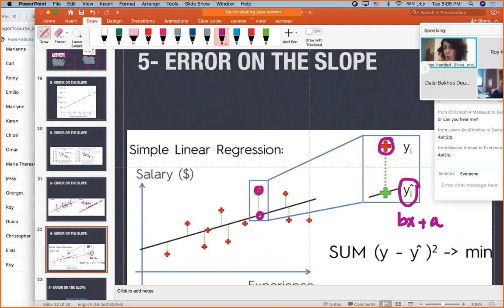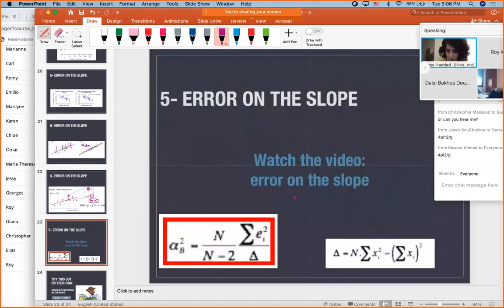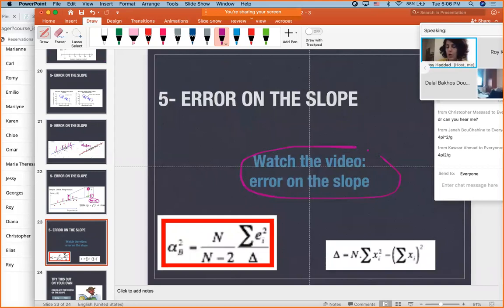You take the ordinate of the point and the equation of the line, with the y-intercept and the slope, and you subtract. You find the deviation for each measurement, square each and add them all, exactly like the RMS error for an average, but this is RMS two-dimensional, with an x-axis and a y-axis. How do we calculate the error on the slope? I will send you a video of myself doing the calculations on an Excel spreadsheet, using this equation.